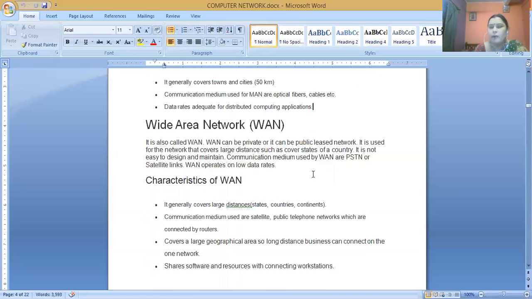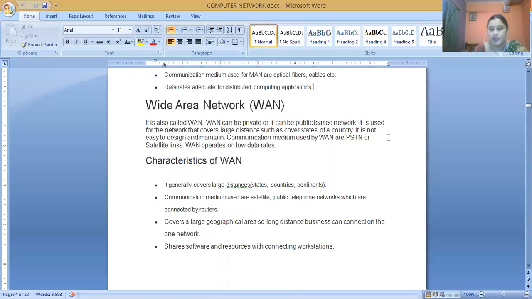Next is wide area networks. Wide area network is also called the WAN. It is used for networks that cover large distances, such as the states of a country.